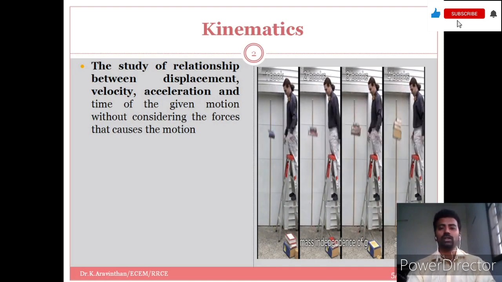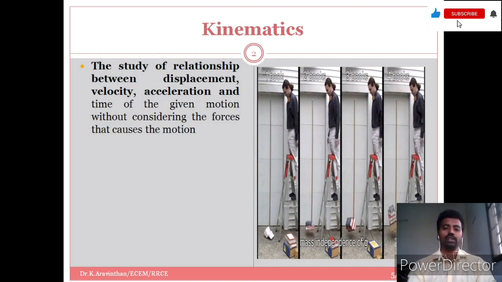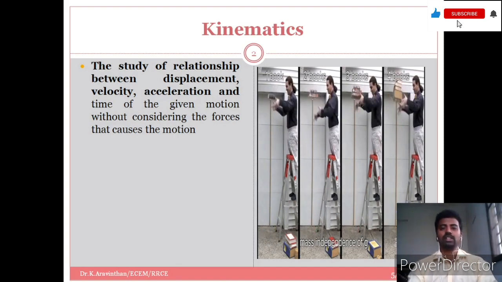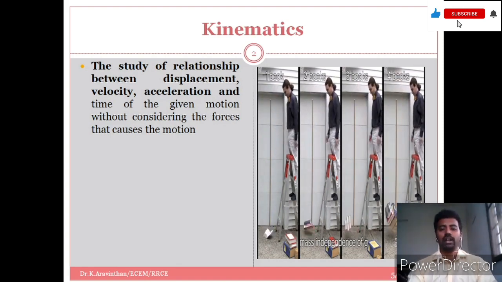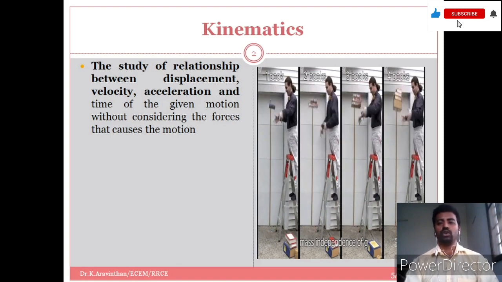So these are two concepts. It will have a rate of change of motion, some rate at which the object is moving, and also the acceleration makes the object move to a particular speed or velocity.